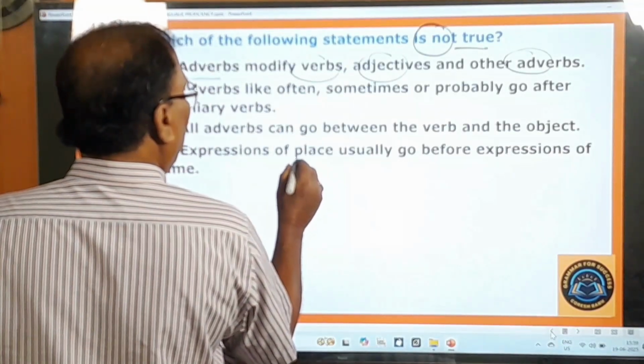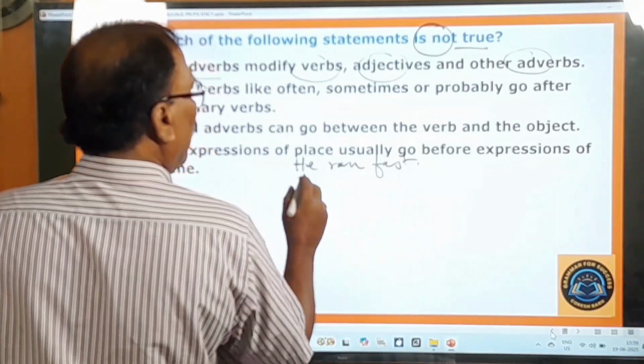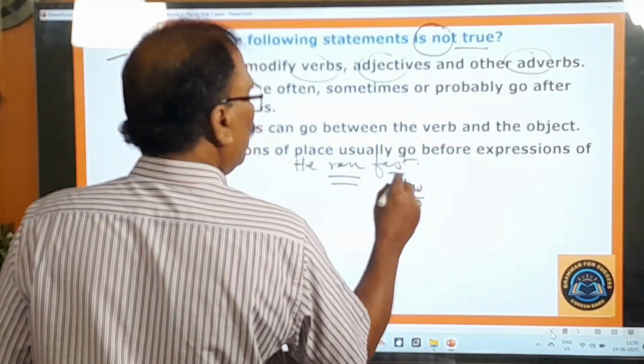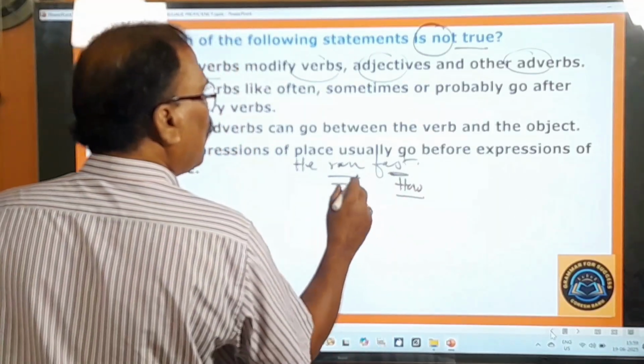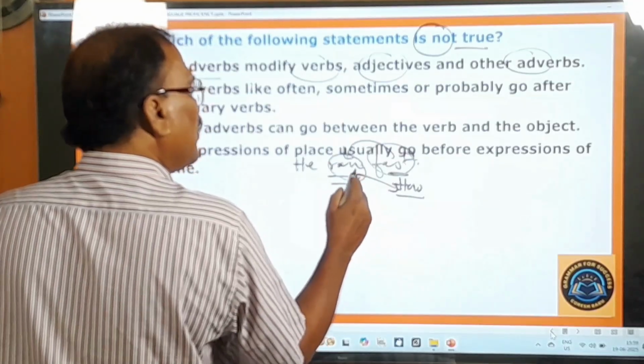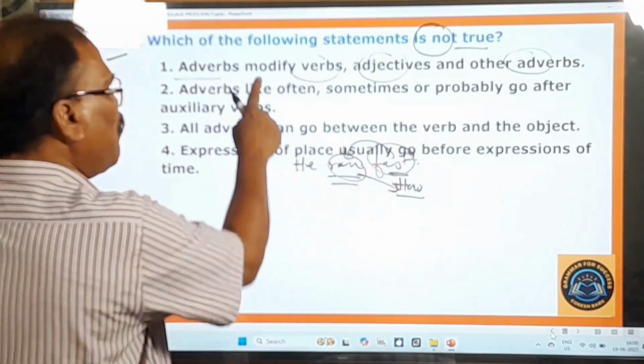How? Let me give you. He ran fast. He ran. If you question the verb with how, you get this answer. He ran how? Fast. What is this doing? It is describing this ran. So, if it is an adjective, you say qualify. If it is an adverb, you say modify.